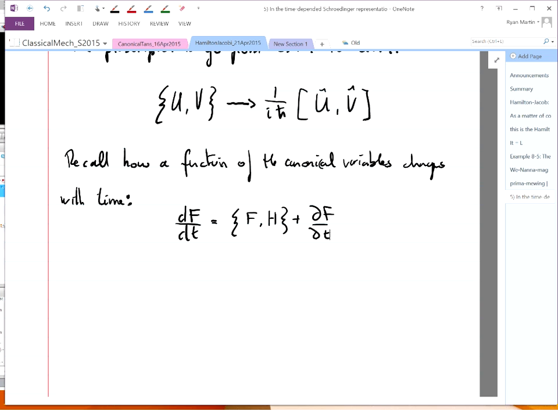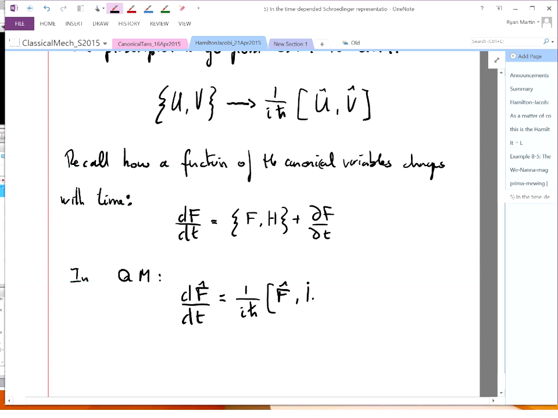I can find how the equivalent operator f changes in quantum mechanics simply by putting hats on things. So instead of df by dt, I have d f hat by dt, how the f operator changes with time. I need to replace Poisson brackets with 1 over i h bar times the commutator.